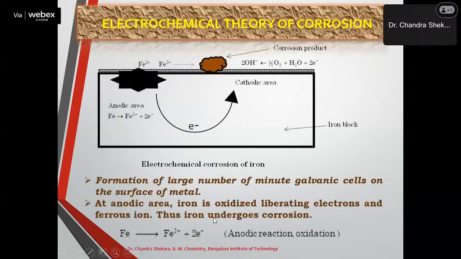Therefore, when we observe corrosion of the iron metal exposed to the environment, we can very clearly observe the formation of rust over the iron. Whatever rust is formed over the iron metal has lost all the metallic properties.